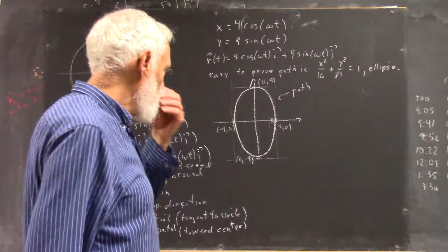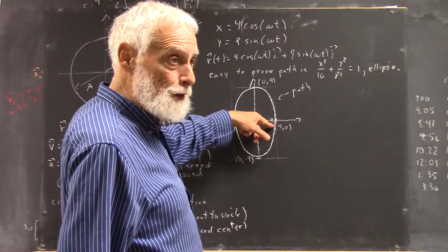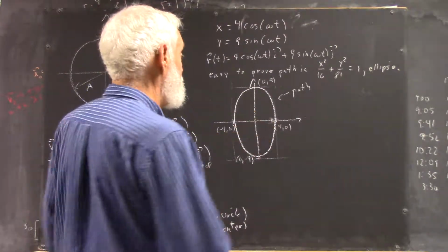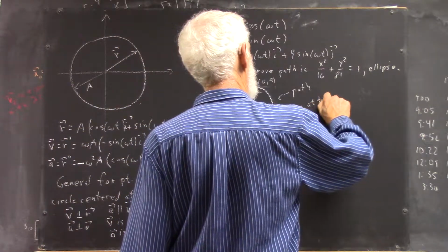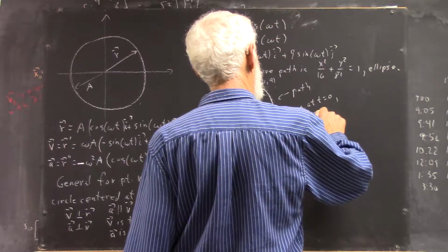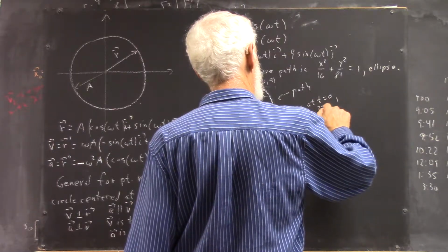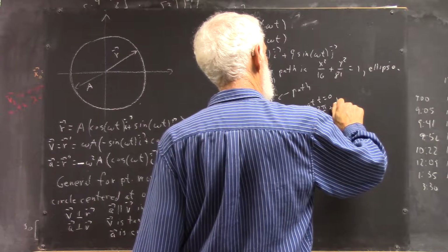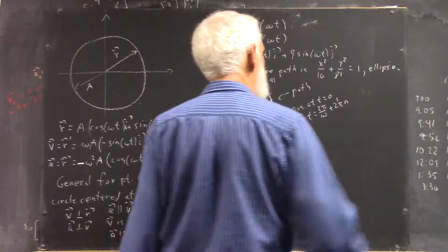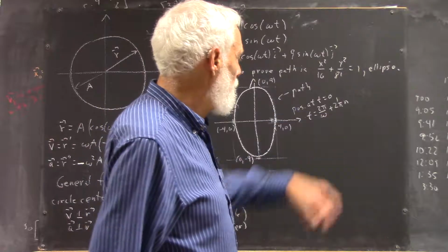And it's pretty clear that you're here at t equals 0 and at t equals 2 pi over omega plus 2 pi n.